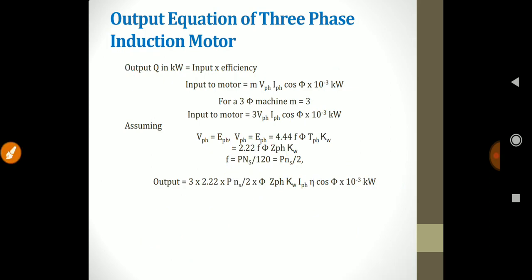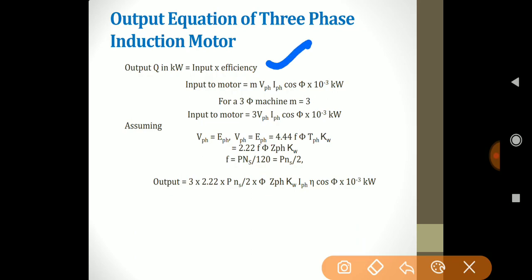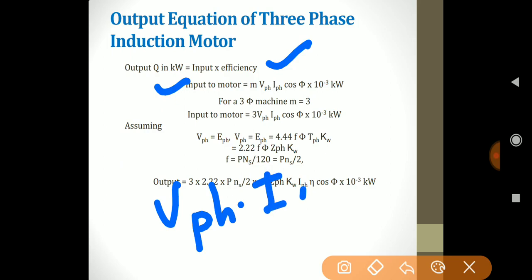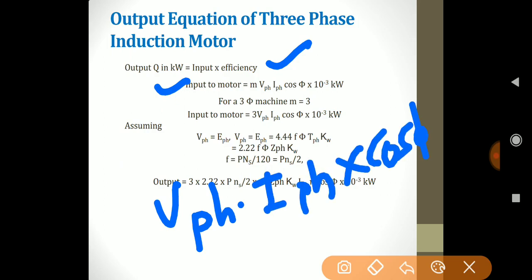Then the input of the motor, if I want the input in kilowatt, is given by VPH into IPH into cos phi. This is going to give me the value.